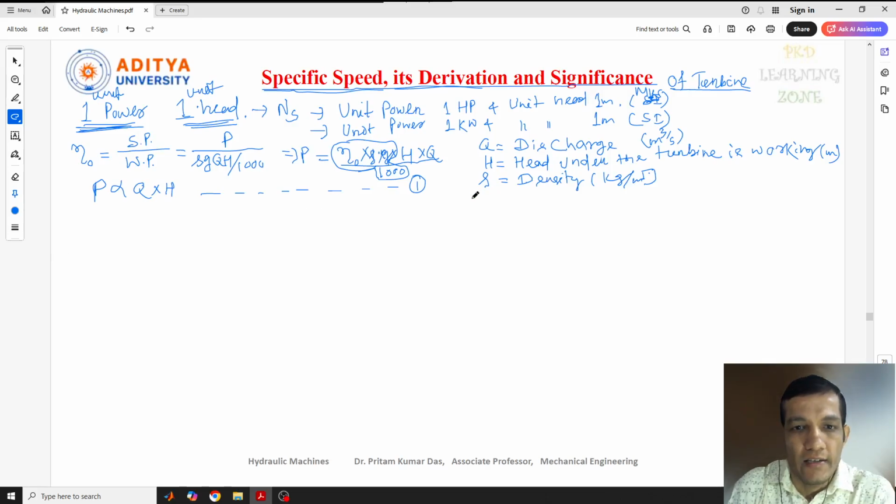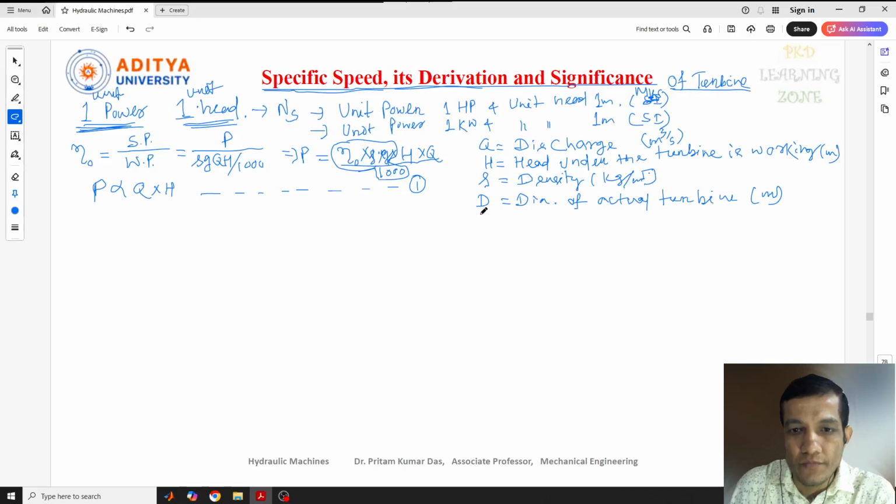Again, a few terminologies will be there. When you write Q equal to area into velocity, we know that to calculate the area we require the diameter. So let's consider some other terminologies like D, which is nothing but the diameter of the actual turbine, and that can be marked in meter unit.